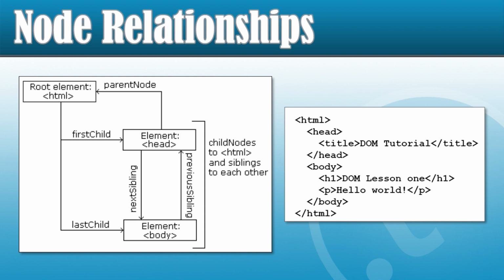The previous sibling to body is head, and you can see that the first child of HTML is head, and the last child of HTML is body. The child nodes of HTML are siblings to each other, these are head and body.